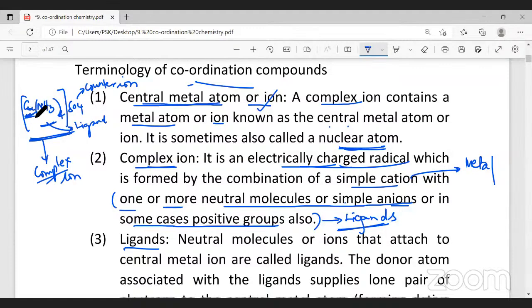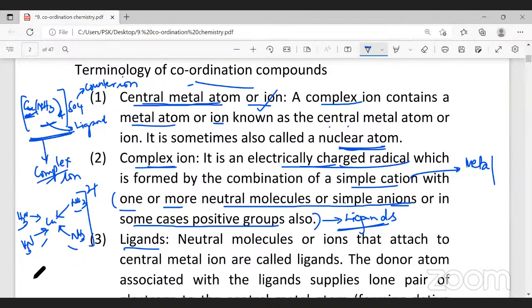In this molecule, each ammonia molecule donates one pair of electrons. Since we have four ammonia molecules, you will have four coordinate bonds. This arrow mark indicates nitrogen of ammonia is donating electrons to copper, which has a 2+ charge. Do you understand? So ammonia is an example of a ligand.